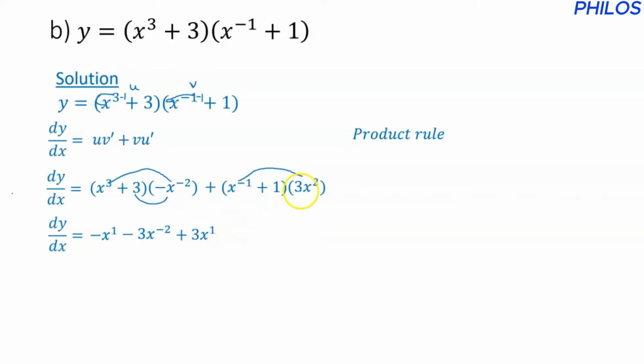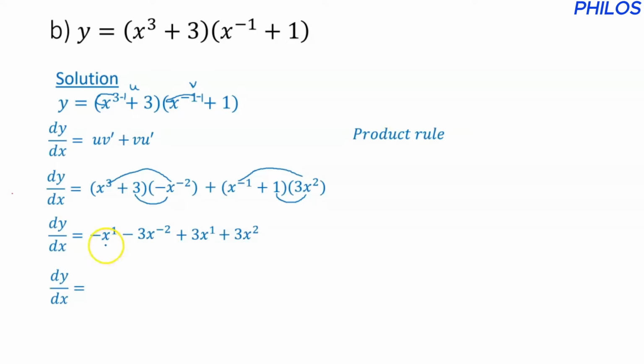Then we also multiply 3x exponent 2 by positive 1. And 1 times any value will remain the same value. So 1 times 3x exponent 2 should give us the same positive 3x exponent 2. So dy over dx will be equal to, now you see x exponent 1 is the same as saying x without necessarily writing the exponent of 1.